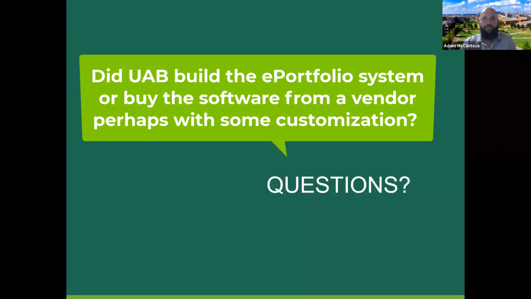So the IRB system is from a commercial vendor, and we were able to partner with another institution who uses the same commercial vendor, and we were able to tailor their eForm to UAB's needs. So the form itself is one that's been used successfully elsewhere. And we were able, fortunately, to use that as the foundation for our form.